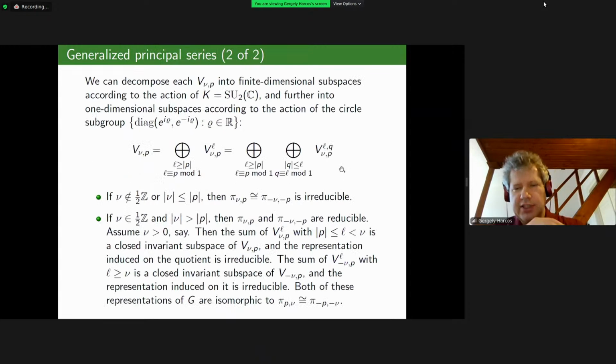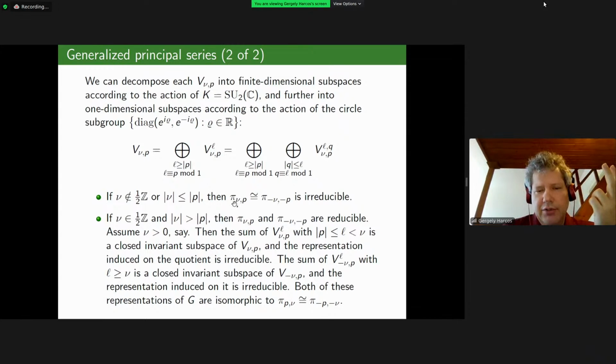And now something very interesting happens when you ask yourself whether these generalized principal series representations are irreducible. So it turns out when nu is not a half integer, then the representation is irreducible and isomorphic to the one you get by flipping the pair nu, p to its negative.